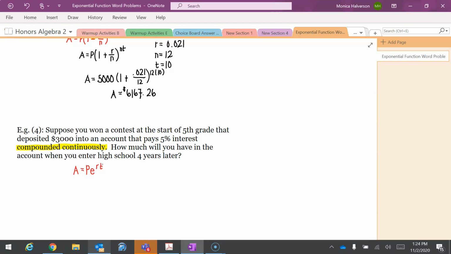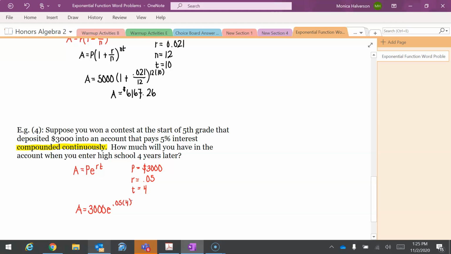Okay, so what do we know? We know that the starting amount is $3,000. We know the interest rate is 0.05. We know the time is 4, and that's all we need to know. So A is equal to 3,000 E raised to the 0.05 times 4.